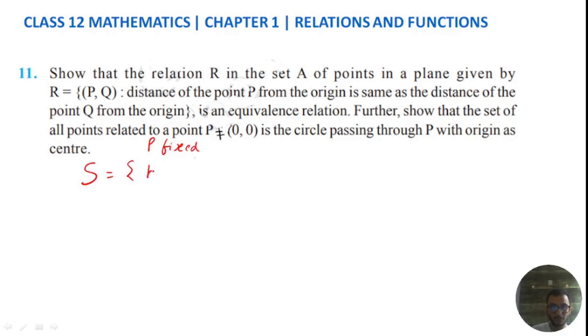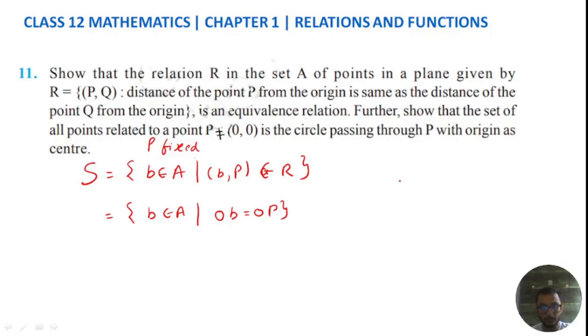The set is given as all B belongs to A, such that B, P are related, or else BP belongs to R, right? What does this mean? B belongs to A when distance OB, distance from center to B, is same as distance from center to P, right? Now we are collecting all such points.